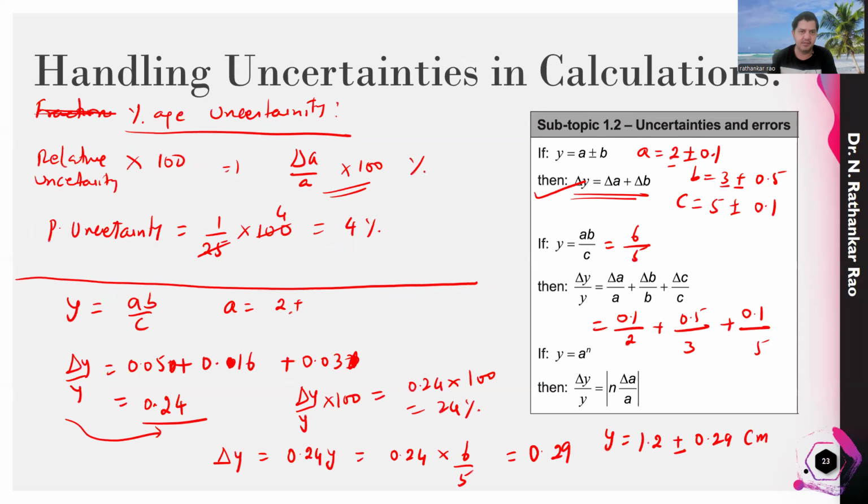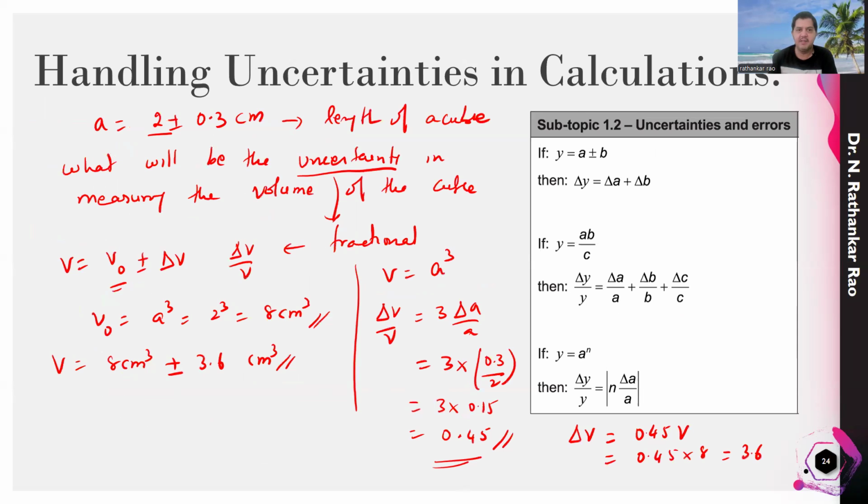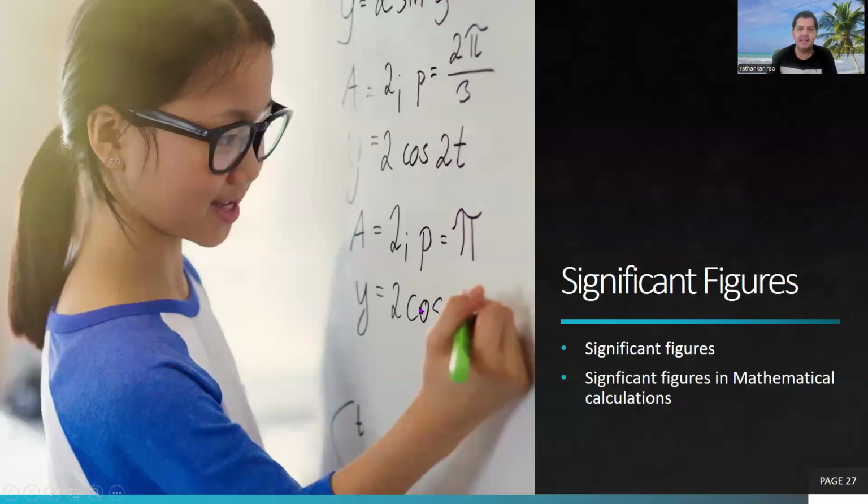We have looked into this also. And then we finally stopped with the percentage uncertainty. If one parameter is given, how do you estimate the percentage uncertainty or relative uncertainty in the cube of it, and so on. So we were able to successfully do this, and then finally we stopped there.